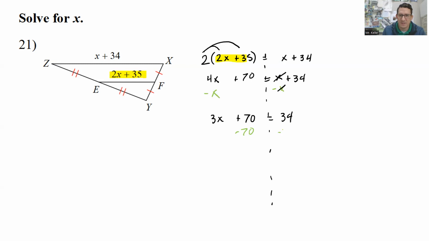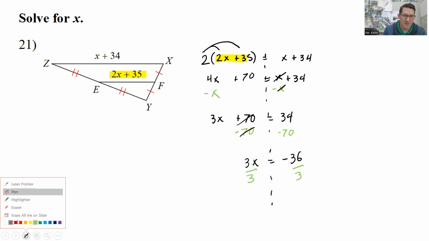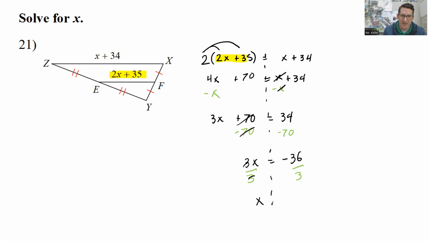Minus 70 from both sides. So the plus 70 minus 70 cancels out. You get 3x is equal to negative 36. And then the last step, divide by 3. The times 3 divided by 3 cancels out. You get x is equal to negative 12.